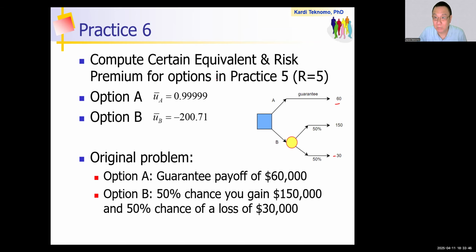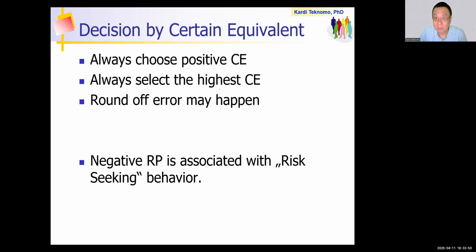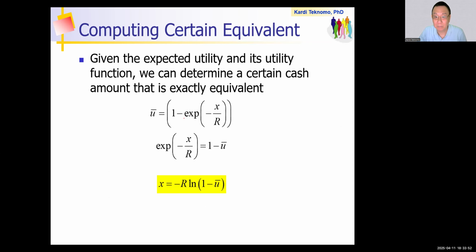You can use this formula to compute the certain equivalent. Given the expected utility and the utility function that we already gave here, we can determine the cash value which is exactly equivalent.